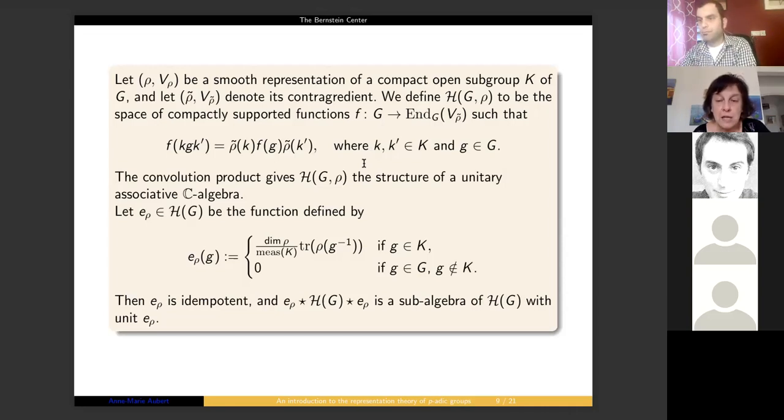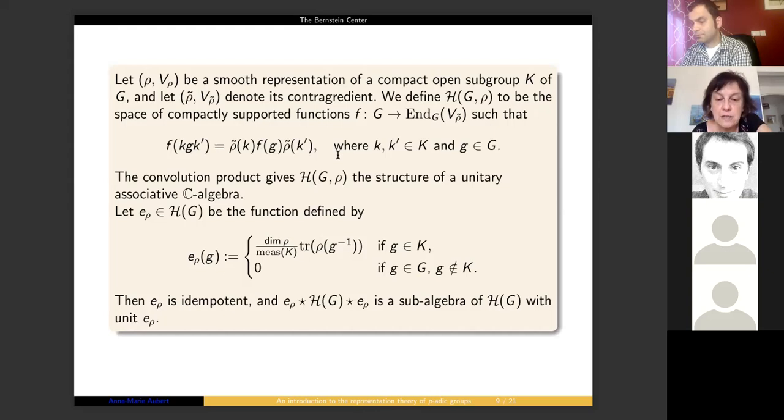This algebra H(G, rho) is defined as the space of compactly supported functions from G with values in the endomorphisms of the vector space of rho tilde. And we want these to be rho tilde spherical, which means that if you evaluate f at k g k prime, you get rho tilde of k f of g rho tilde of k prime.